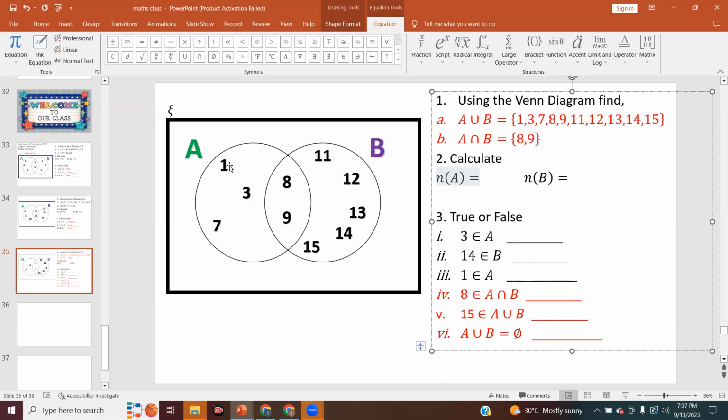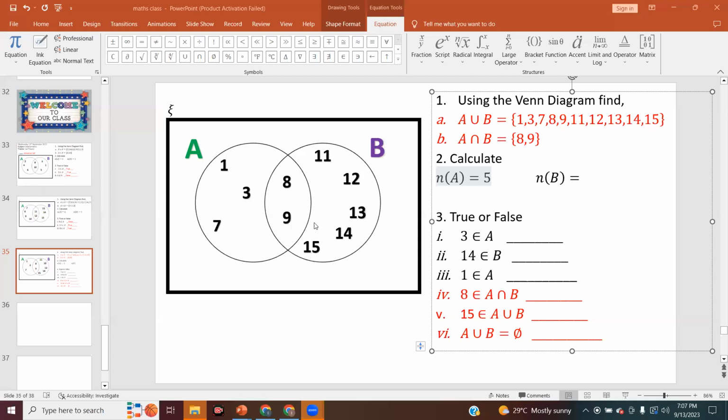Okay, what are the elements in A? 1, 3, 7, 8, 9. Very good. 1, 3, 7, 8, and 9.